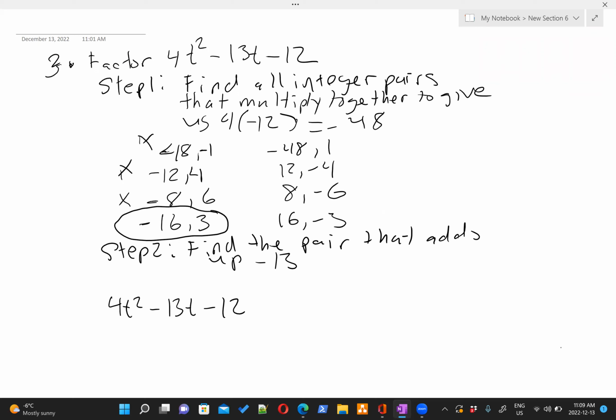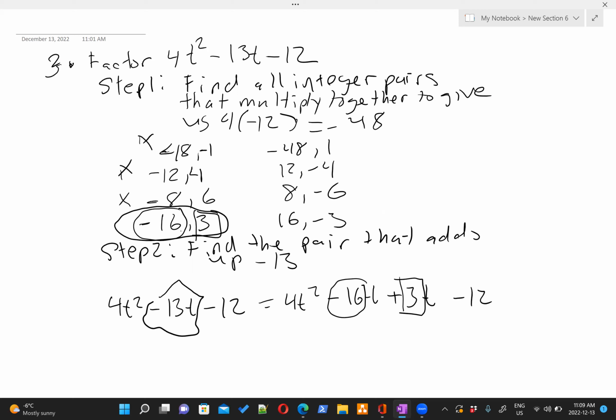So we write this as 4t squared minus 16t plus 3t minus 12. Look how interesting. This -16 is from the -16 here, and this 3 is this 3 here. Do you see the pattern? And notice that -16t plus 3t gives you -13t. Does that make sense, everybody?